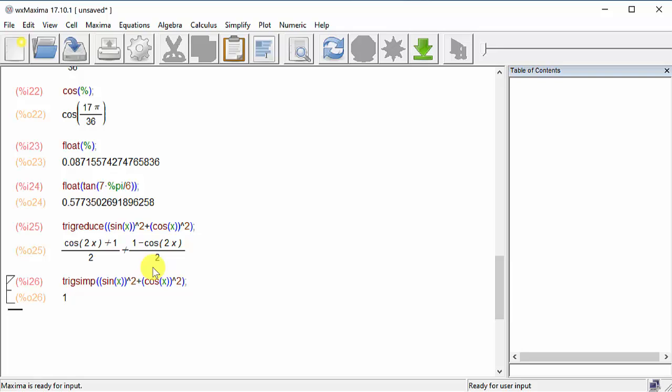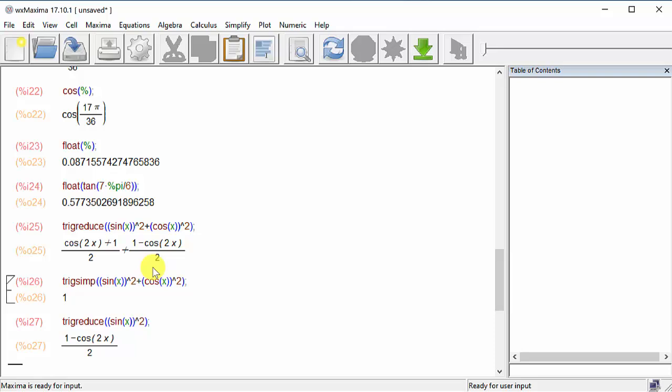To do that, it's just trig reduce, and in parentheses we're going to have sine x squared, and semicolon and shift enter, and there it is. We get 1 minus cosine 2x over 2.